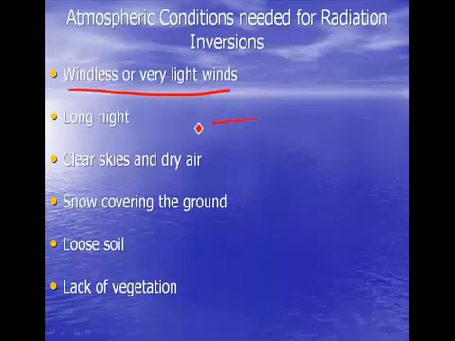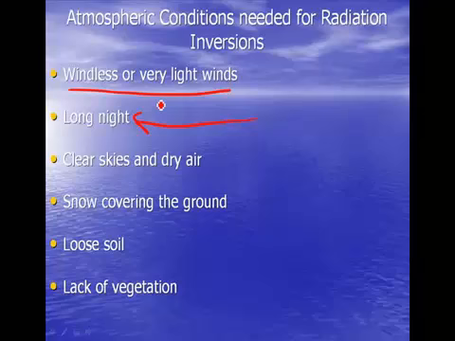Well, you need long nights. You know, we talk about radiation inversions occurring because the Earth is losing infrared radiation. The longer the night, the more infrared radiation the Earth can continue to lose, assuming that we have clear skies. Now, keep in mind, back in Chapter 2, we talked about clouds absorbing that radiation coming from the Earth and emitting their own infrared radiation back to the Earth, thus keeping temperatures up.